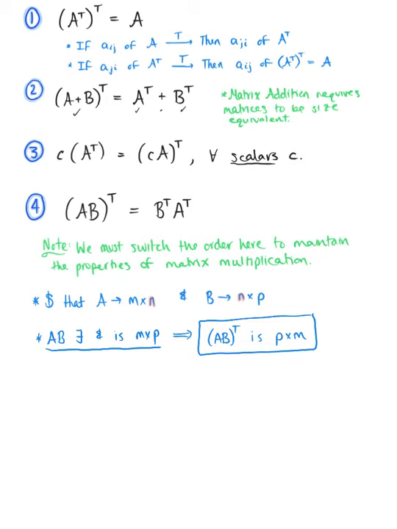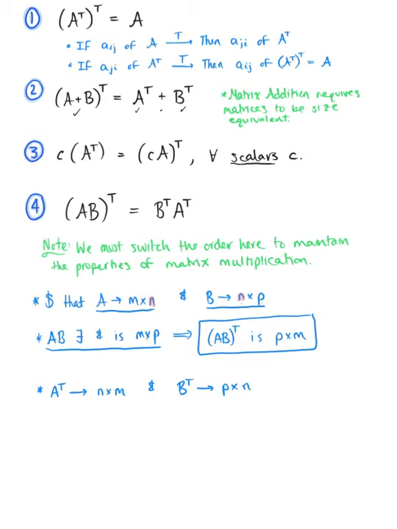Now, keeping in mind the size of matrix A and the size of matrix B, let's think about the transposes of these matrices and then the resulting products. So we can note that since A is an M by N matrix, A transpose is an N by M matrix. And since matrix B is an N by P matrix, the transpose of matrix B is going to be a P by N matrix.